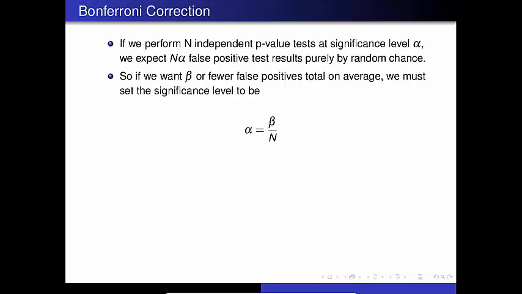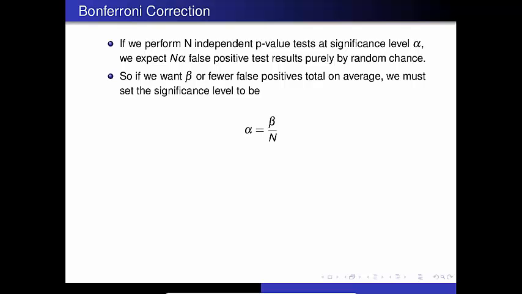So this is commonly referred to as the Bonferroni correction. What it's basically pointing out is that if you apply a p-value test not just once but to multiple data points, the number of false positives you're going to get goes up and up as you apply it more and more times.